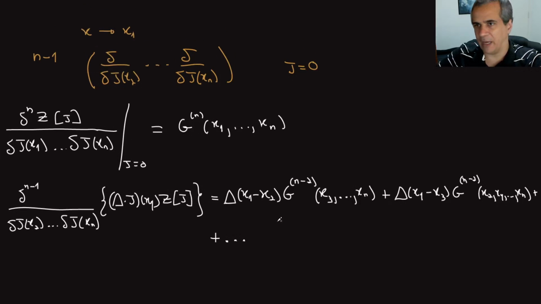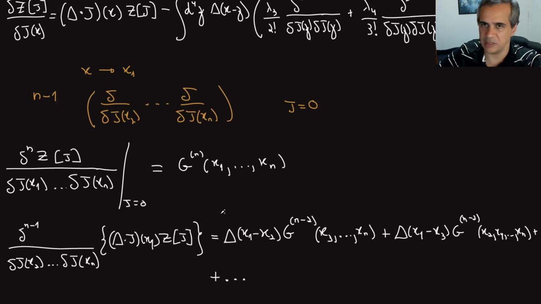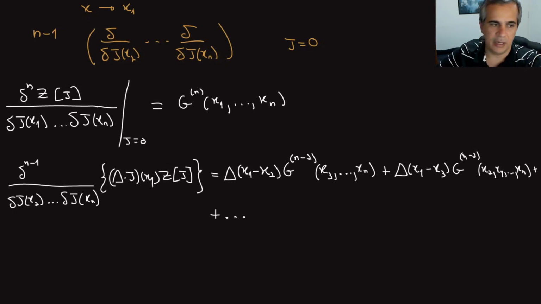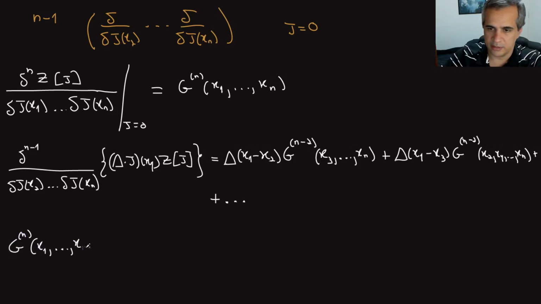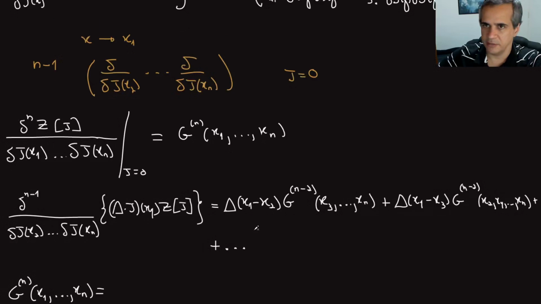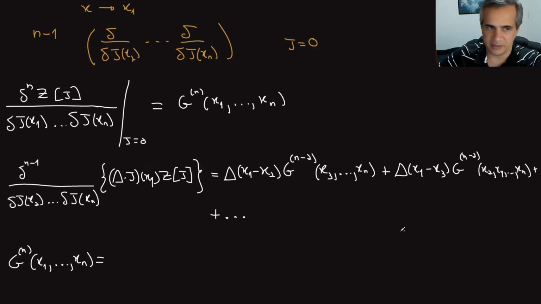So if I go back to my equation here, doing these two, I still have to see what happens to this part, but the first two are clear. What I'm getting is that gn of x1 through xn is equal to this part. That's the left-hand side; on the right-hand side, the first part is this.